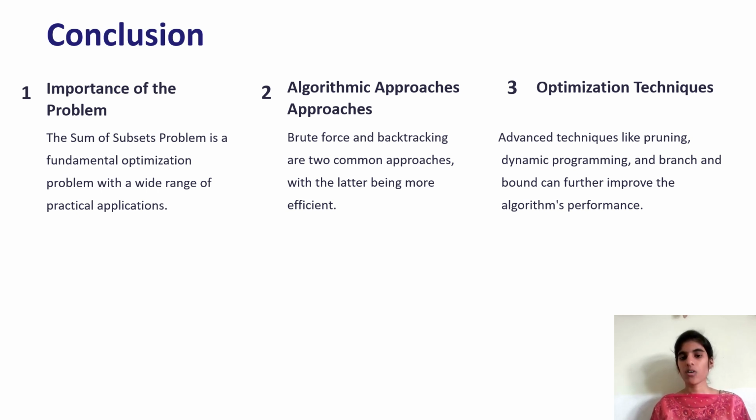These two are the most commonly used approaches for sum of subsets problems. Next, optimization techniques: advanced techniques like pruning, dynamic programming, and branch and bound can further improve the algorithm's performance.